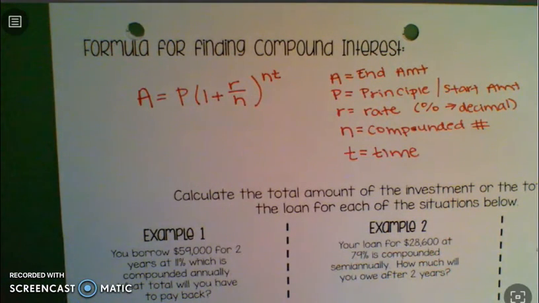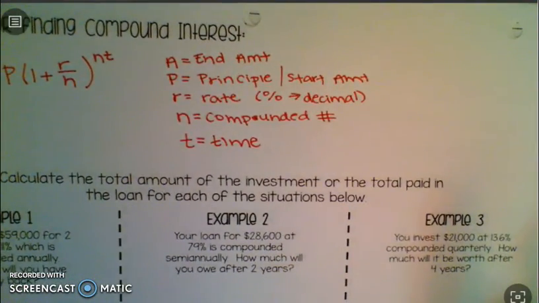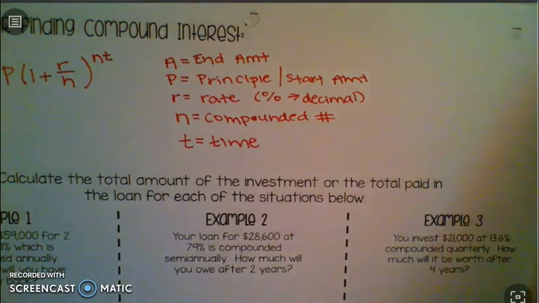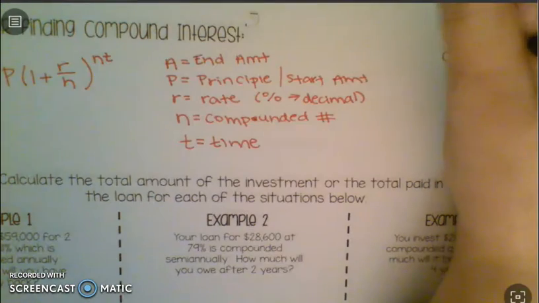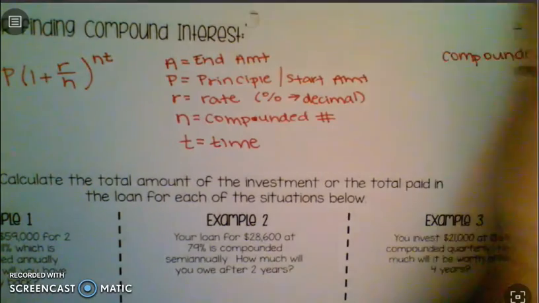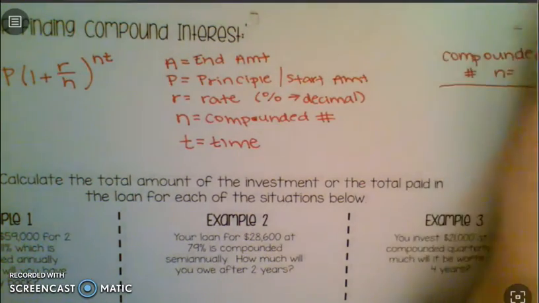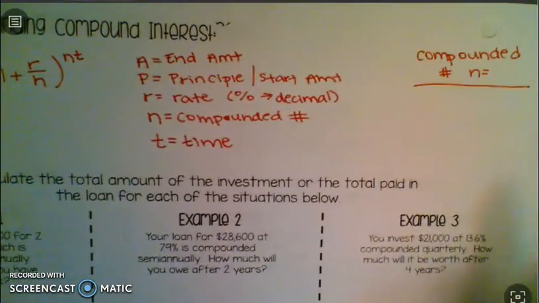So for all of these, you're going to have a problem that says it's compounded annually or semi-annually or quarterly, and you need to know what all of those mean. So we're going to make a little list. Your compounded number is your N equals number.